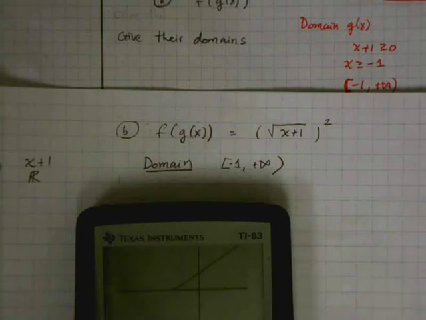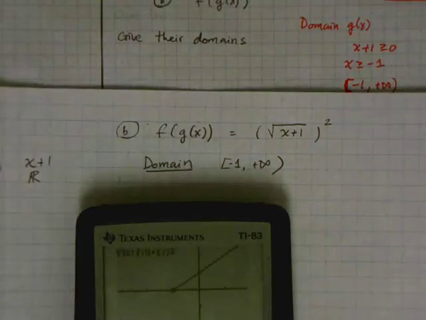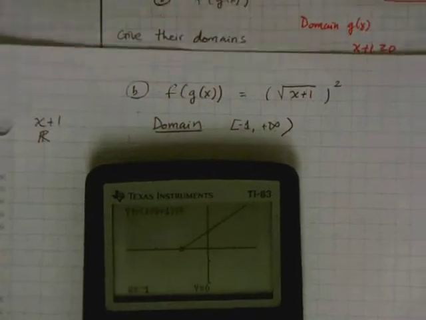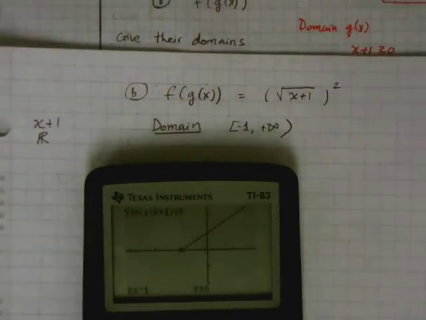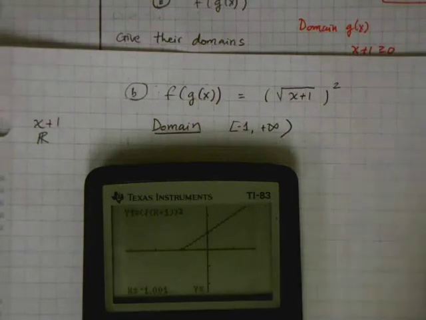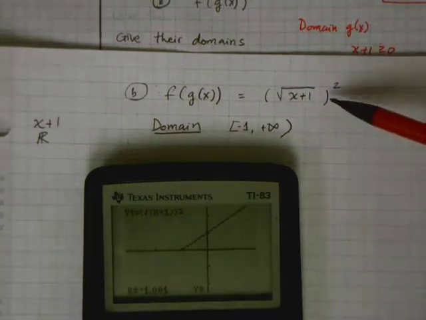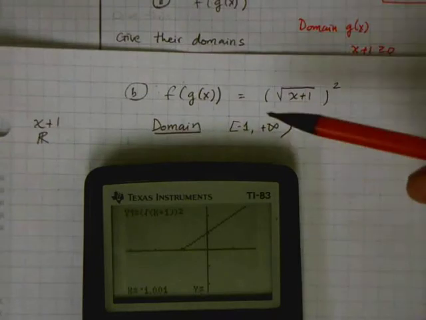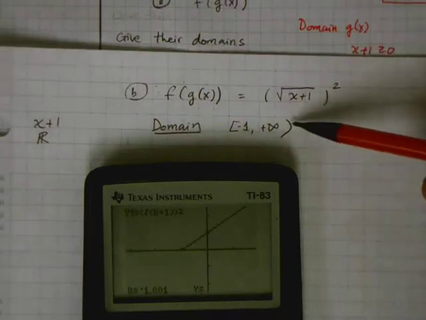So if I hit trace -1, that's going to give me an answer. Okay. But if I go any further to the left, like -1.001, that's going to give me an undefined answer. And that's because this is the domain. And this is very different than if you were to graph x plus 1. That's going to be all real numbers. But because of the function composition, we have to go with the most restrictive domain. And that's what this is.